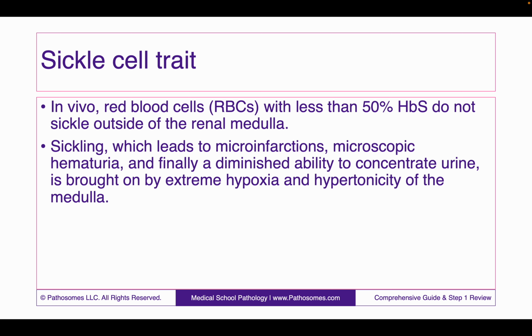In vivo, red blood cells with less than 50% hemoglobin S do not sickle outside of the renal medulla. Sickling, which leads to microinfarctions, microscopic hematuria, and finally a diminished ability to concentrate urine, is brought on by the extreme hypoxia and hypertonicity of the medulla.